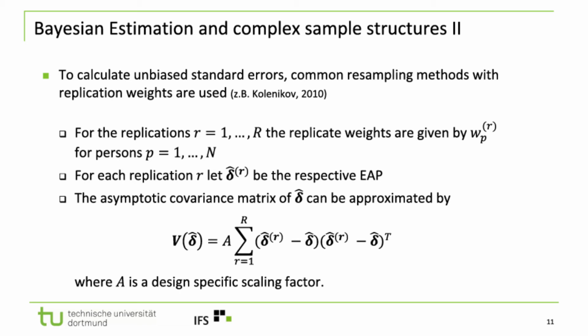Typically, a scaling factor is applied depending on the replication design and the number of replications. For example, PISA uses a balanced repeated replication design with 80 replications. This results in a scaling factor of 0.05. This also means that you have to estimate the model 81 times, once with the original weighting and 80 times with the correspondingly adjusted replication weights.